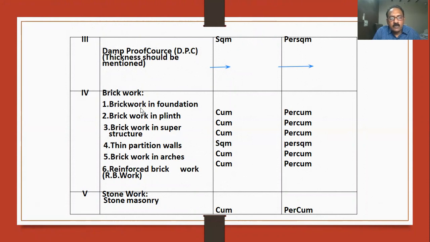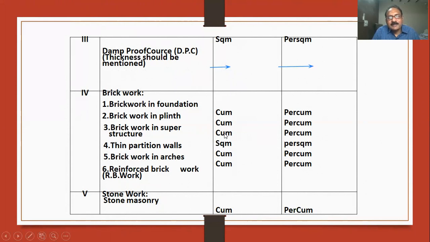Brickwork in foundation, that is also length, width, breadth, calculated in cubic meter. Payment also per cubic meter. Brickwork in superstructure also in cubic meter. Up to plinth level, cubic meter. Payment also per cubic meter.